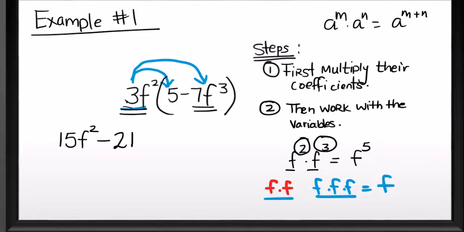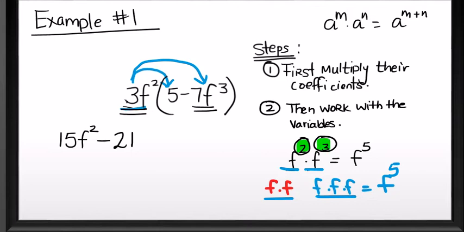So how do I write that in exponent form? f to the power 5. But we have exponent laws that make our life a bit easier to simplify expressions. So practice with the exponent laws. Every time you have the same base, you keep the base as it is and add the exponents. So 2 plus 3 is 5.